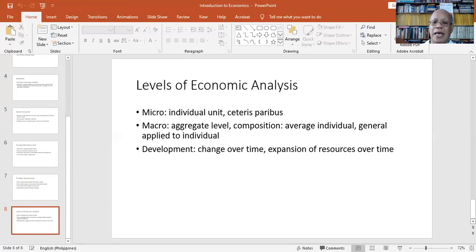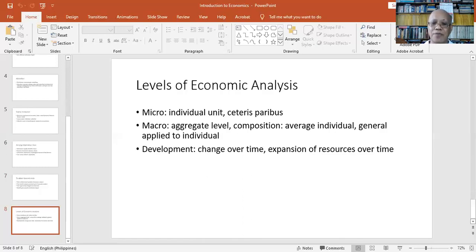Now, a macroeconomic factor such as inflation, interest rate, exchange rate, and the like can affect a microeconomic situation, such as inflation affecting the demand for goods and services by households. But a microeconomic situation cannot logically influence the macroeconomic level.